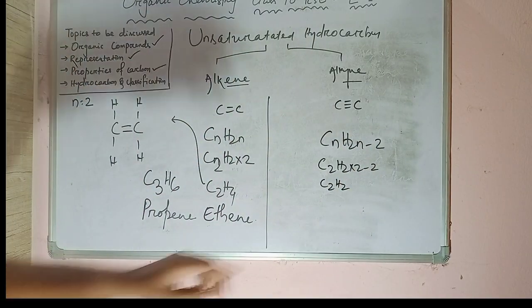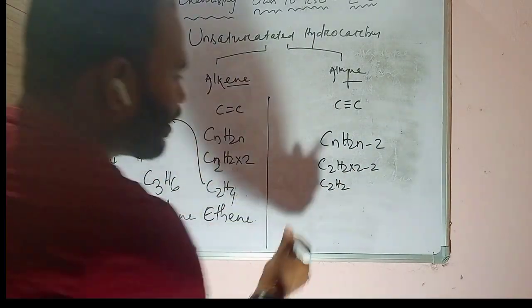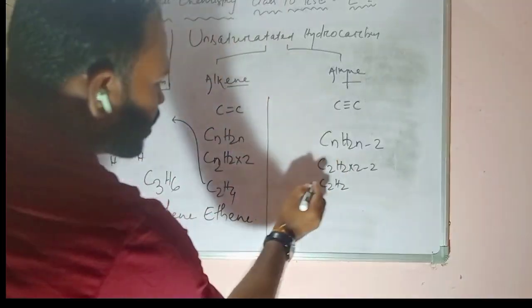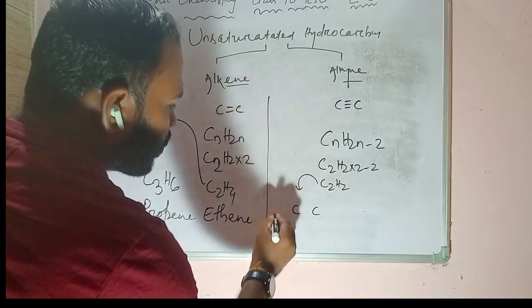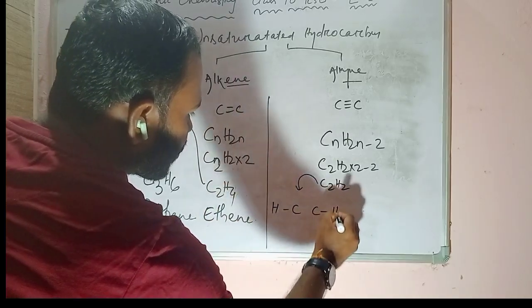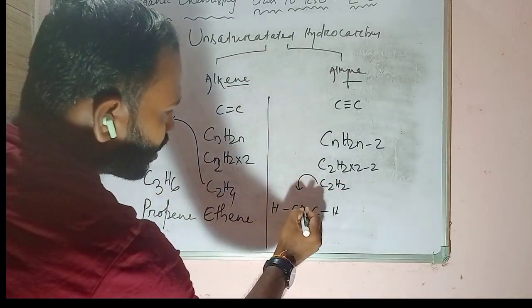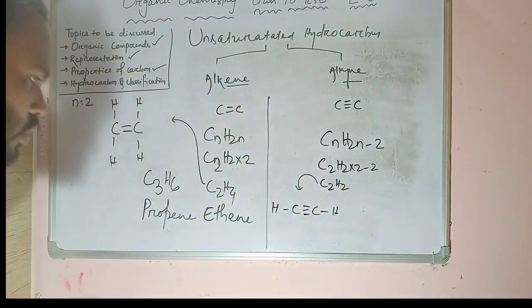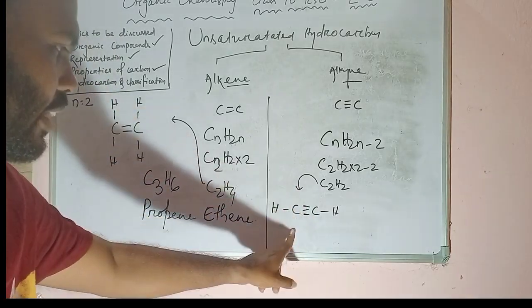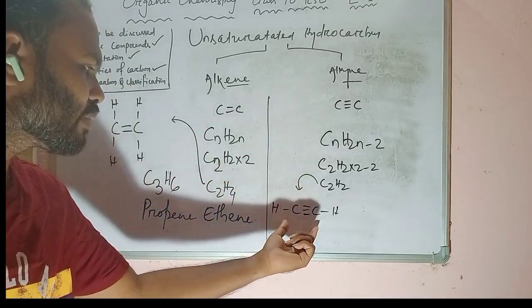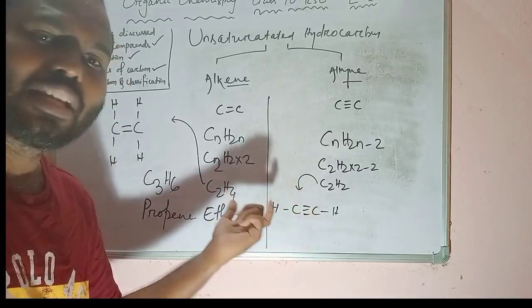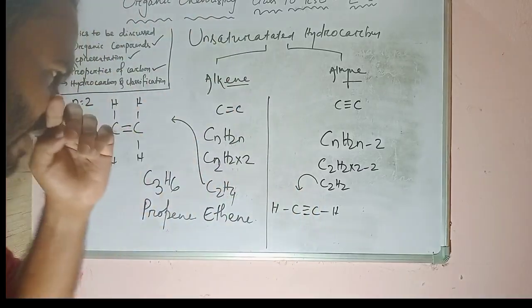Again let me do the structural form of this. C, with only 1 H here and 1 H here, 1 1, and 1 2 3 4. So this carbon also has a valency of 4, this carbon also has a valency of 4. Now this carbon satisfies tetravalency, and this carbon satisfies tetravalency.